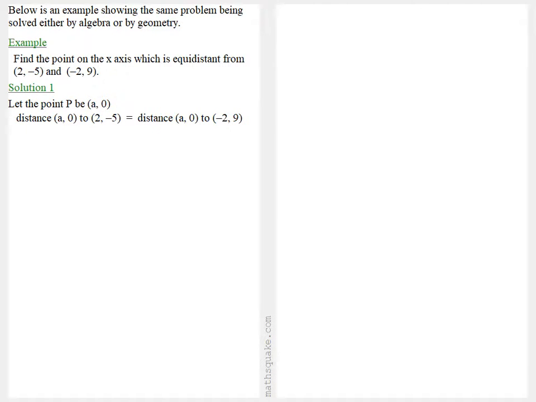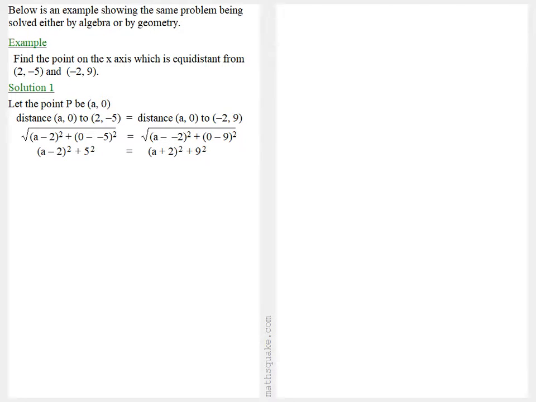Now the distance from (a, 0) to (2, minus 5) can be found as the square root of (a minus 2) all squared plus (0 minus 5) all squared. And the distance from (a, 0) to (minus 2, 9) is (a take away minus 2) all squared plus (0 take away 9) all squared.